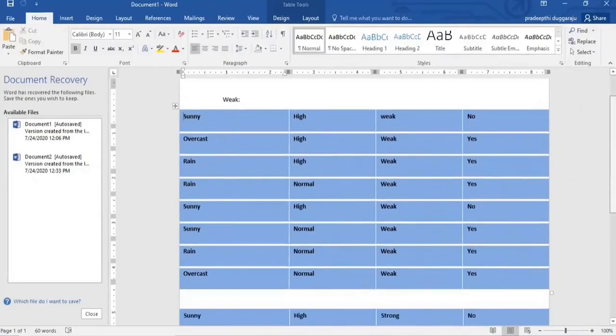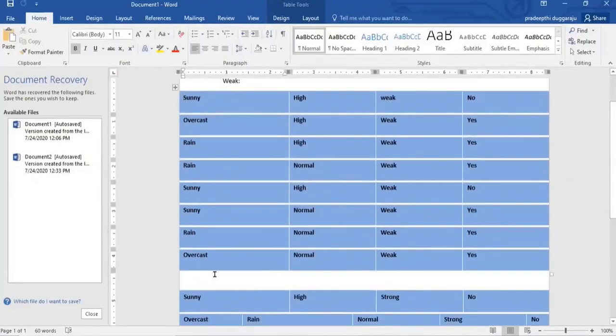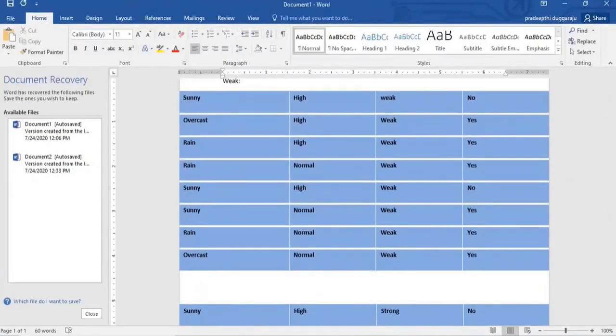Yes. Now let's calculate the entropy of weak. First of all, what are the positive values here? How many positive values are there for weak? Positive values for weak are 6.